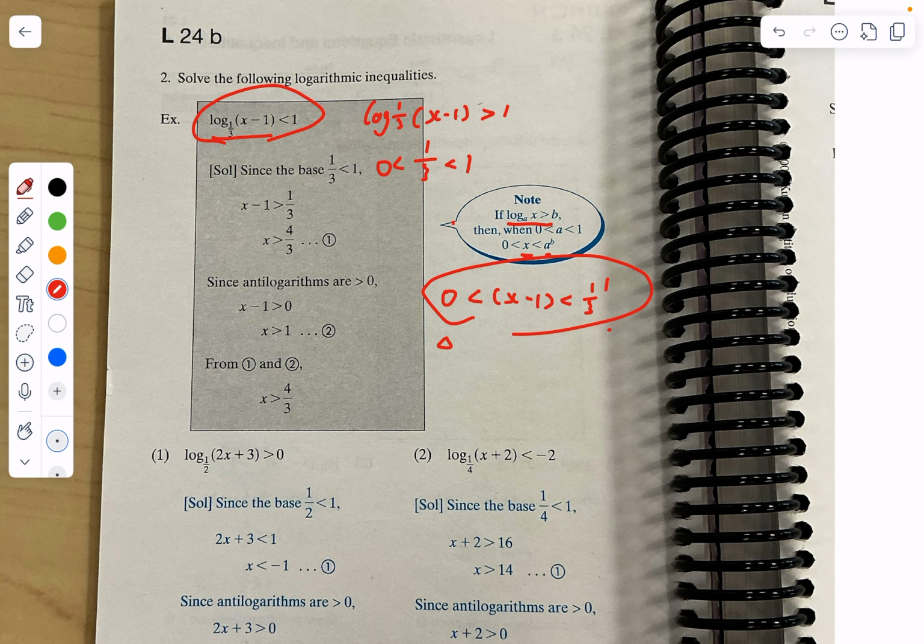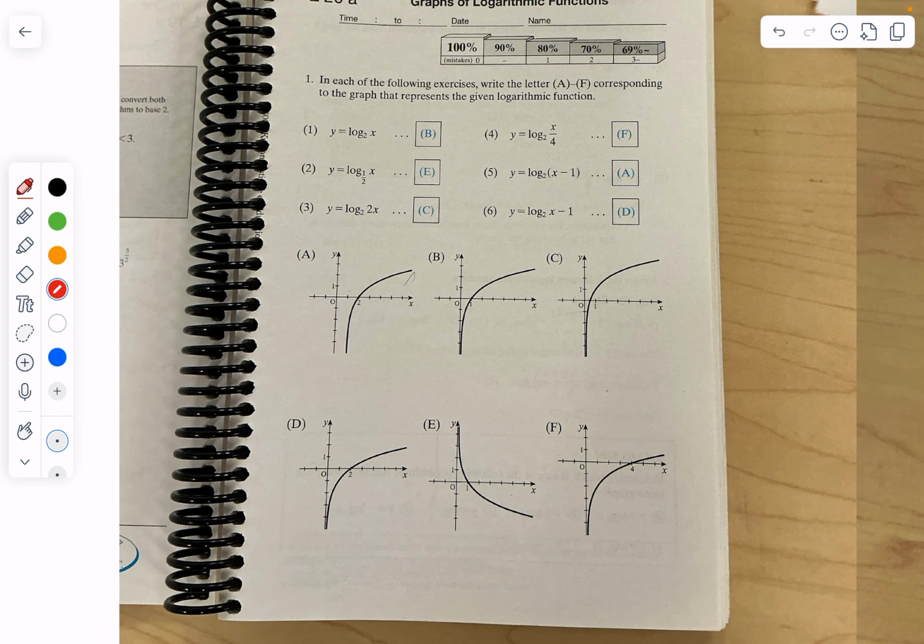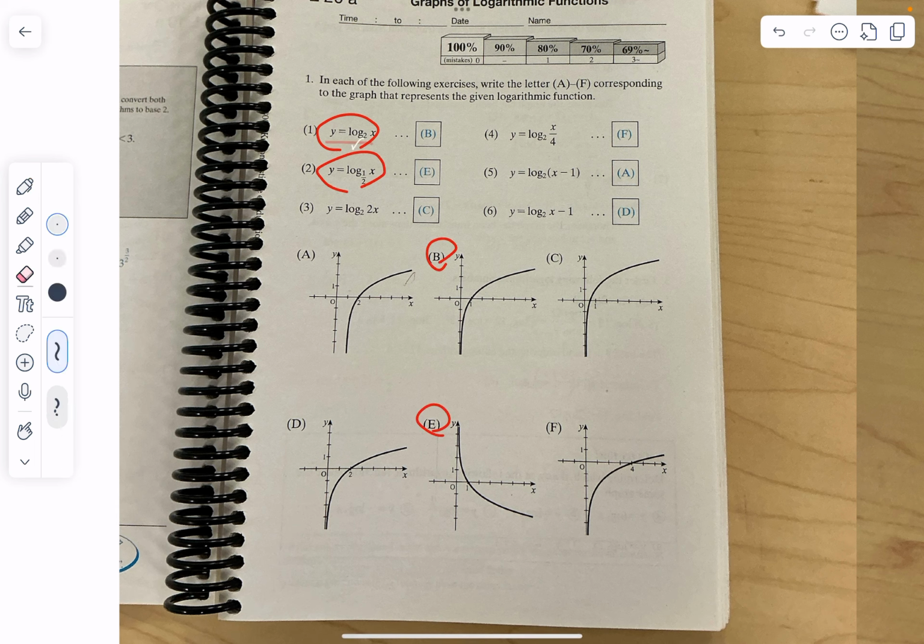With that being said, let's take a look at a graph for our logarithmic. We have the log base 2 of x, and we also have the log base 1 over 2 of x. The difference between these two graphs, let's take a look at B and E. As you can see, if my base number is greater than 1, it's trending upward, which means the larger the x, going to the right side, the larger the y value, so my logarithmic is going to be larger.